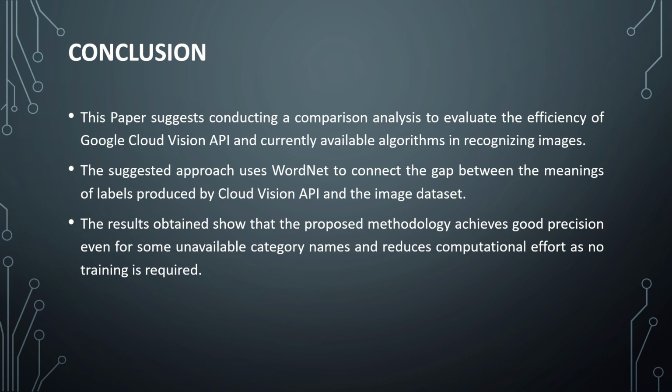So, by looking at this paper, it shows the importance of the Google Cloud Vision API with WordNet, as it is a pre-trained model, it will reduce the computational effort, and it makes the work easy for developers or the people who are using this trained model for image recognition.